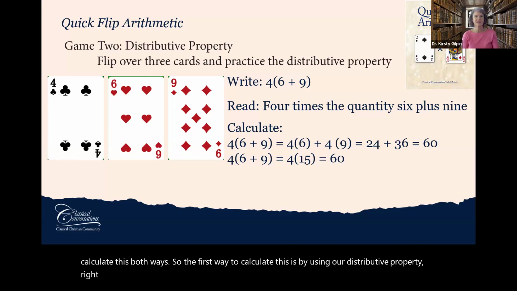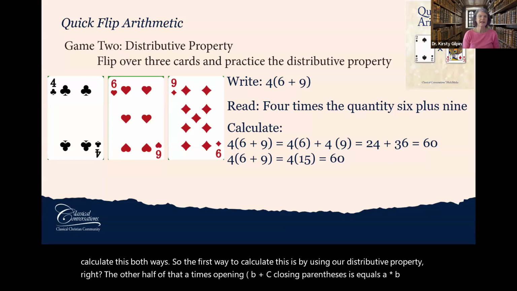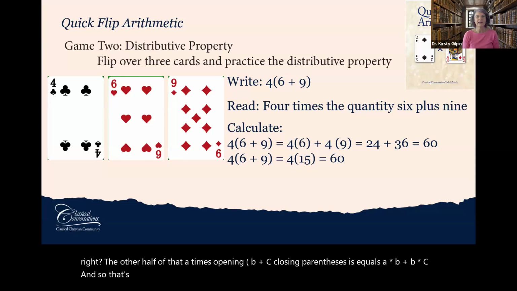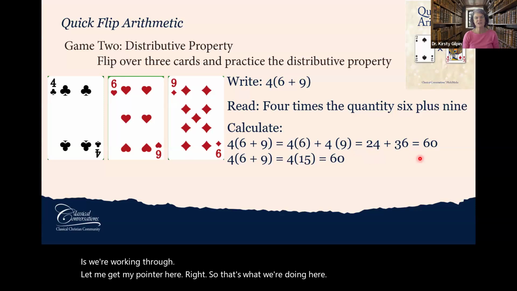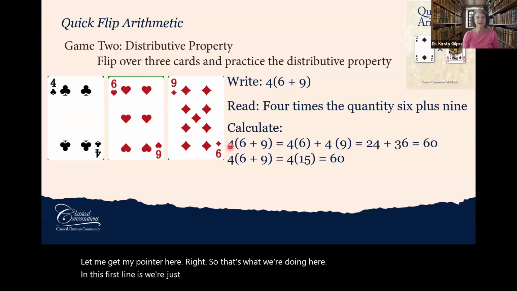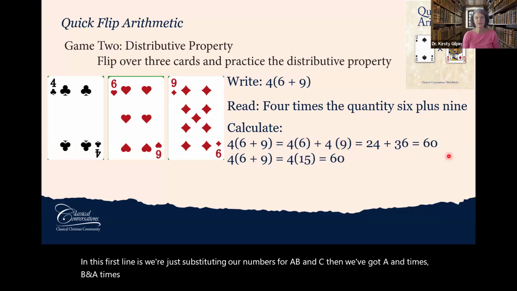The other half of that, A times opening parentheses, B plus C closing parentheses, equals A times B plus A times C. And so that's what we're doing here in this first line: we're just substituting our numbers for A, B, and C. Then we've got A times B and A times C. And when we work that through, we get 60.